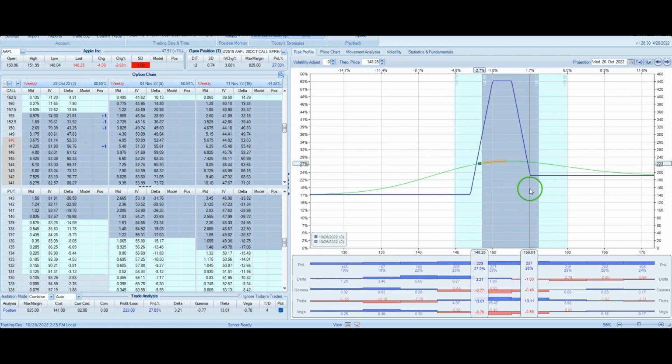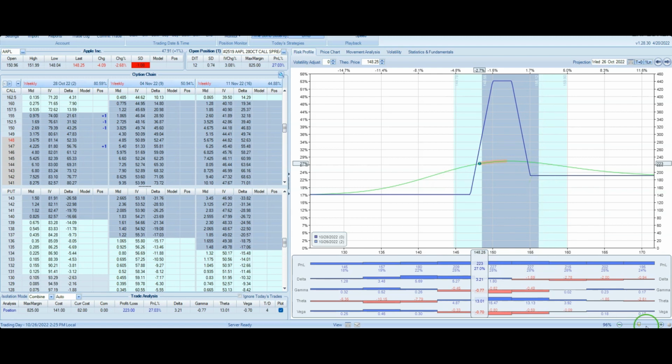And if Apple was above 155 on a Friday after earnings were out, my max potential return was going to be 141 plus 50, or about $191. So let's remember, my long spread is 50 cents wider than my short spread. So on the downside, I was going to make either $141, or if Apple was above 155, I was going to make about $191.